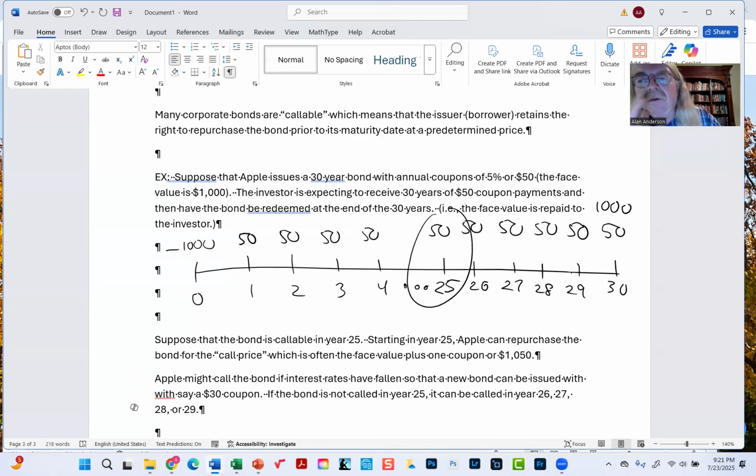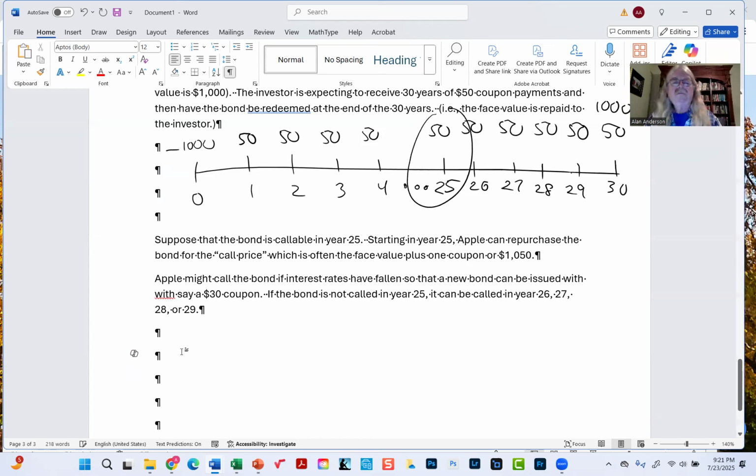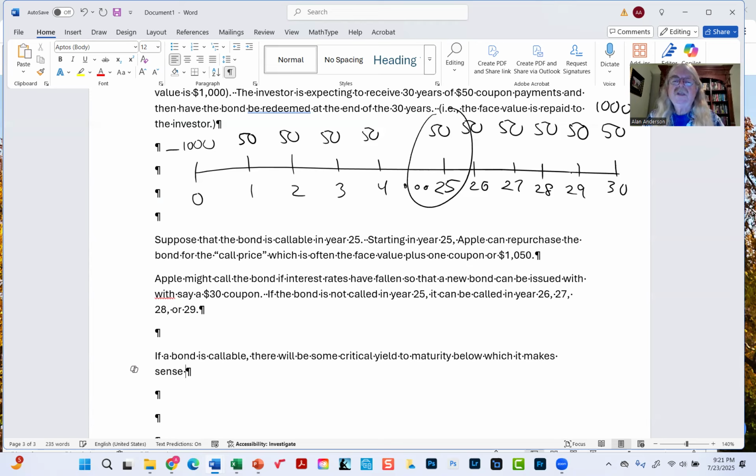So the reason why I brought this up now is because when the bond is callable, there will be some critical yield to maturity below which it makes sense for the issuer to call the bond.